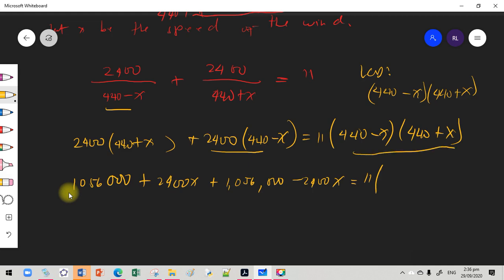Because this is just the product of a sum and a difference. So 440 squared is 193,600. Then we have minus x squared. The x terms become 0.